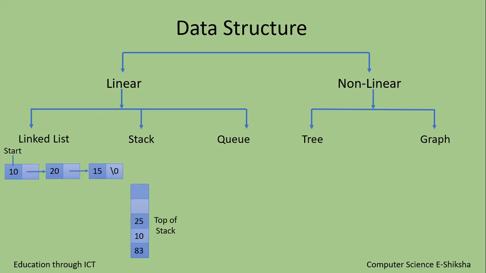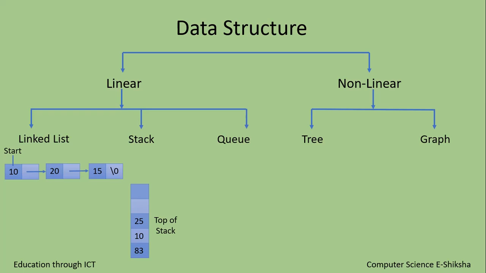Another data structure is stack. Stack is nothing but an array, but with some restrictions on how it should operate, how it should insert the data and how it should delete the data. In an array we can insert the data in the middle, at the start, at the end, anywhere. But in the case of a stack, although it is an array, we have imposed some restrictions: you can insert or delete the data only from the top of the stack.